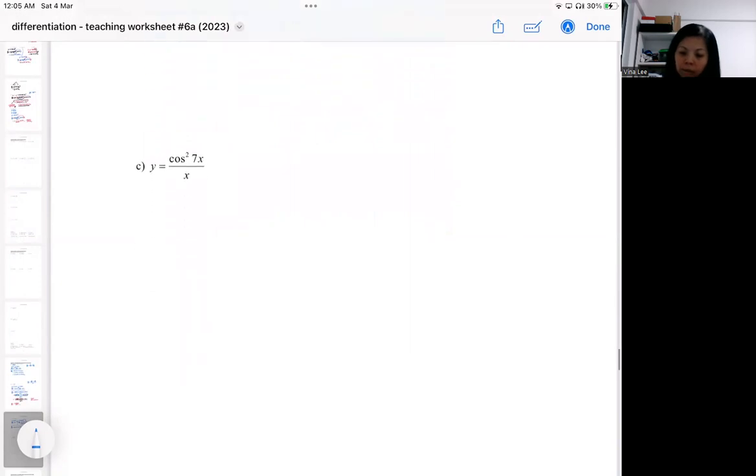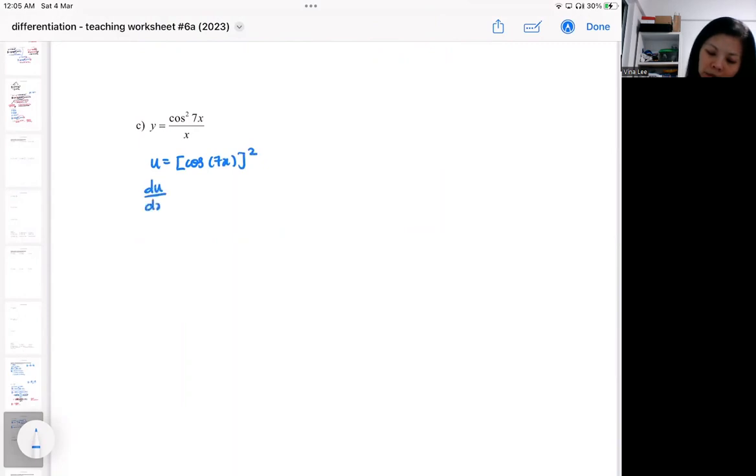Okay, the next one, quotient rule. So the numerator contains a power. So don't forget, what does the power indicate? So it's cosine square 7x. So you are doing your chain rule. So bring down power, minus power, and then you differentiate inside.